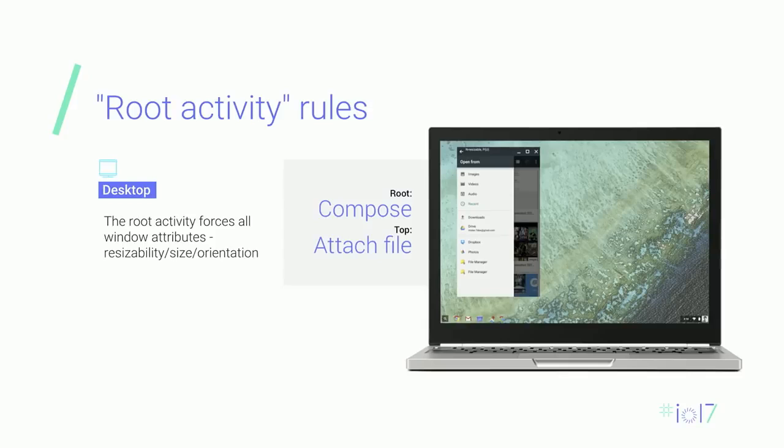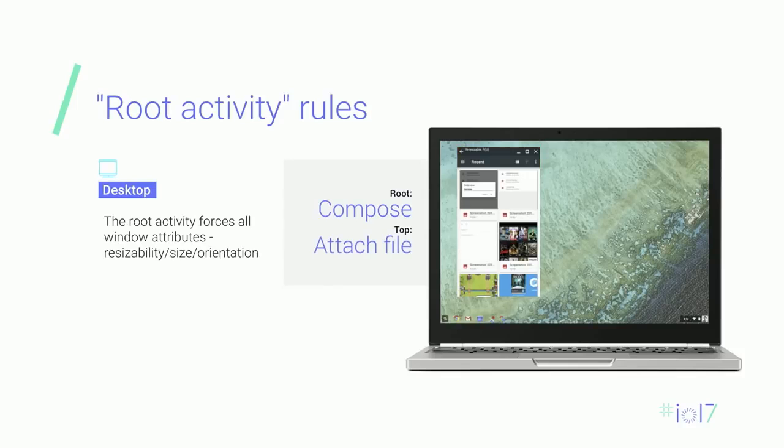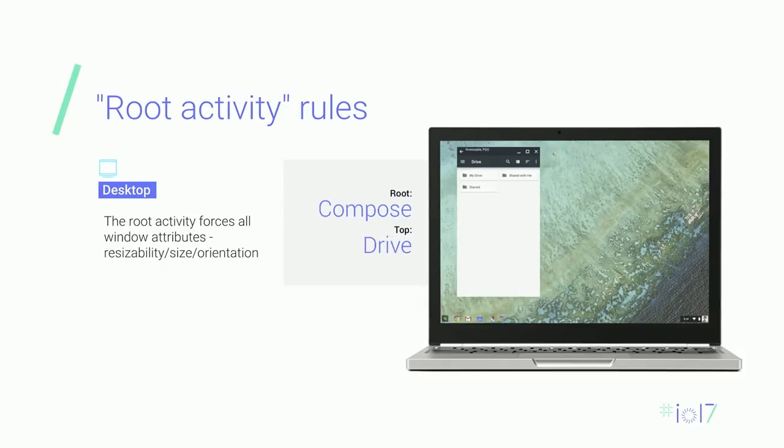So if the root activity is, let's say, landscape and resizable, that means that every activity which goes on top is also landscape and resizable. That sounds a little bit weird, right? Because that would mean that if you have an application which was meant to be portrait and maybe unresizable, it could suddenly become resizable and landscape, which is a contradiction in itself, right?